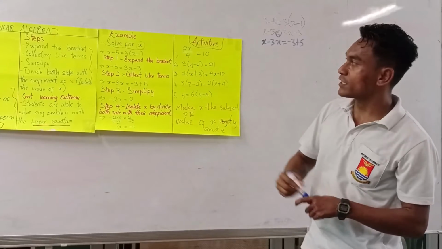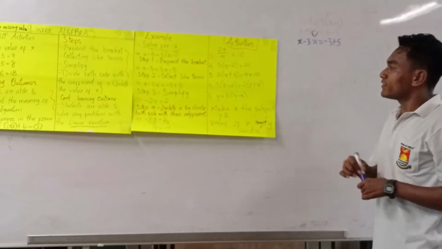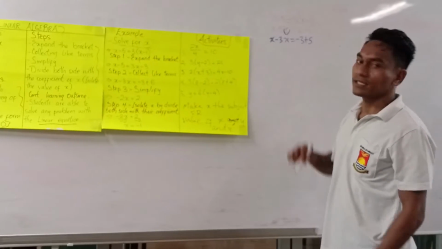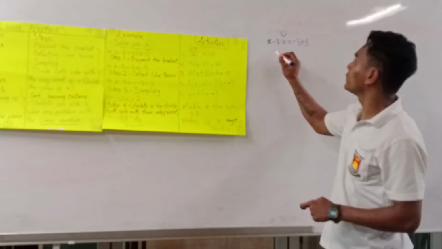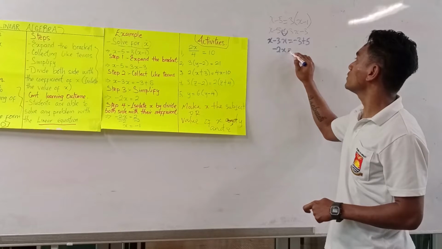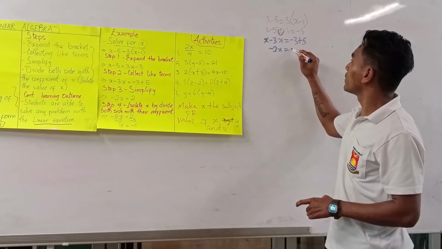The next step is simplifying. When you simplify, x minus 3x gives you negative 2x, is equal to negative 3 plus 5, which gives you positive 2.